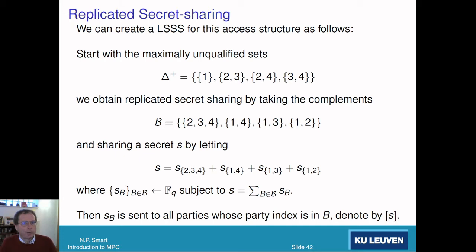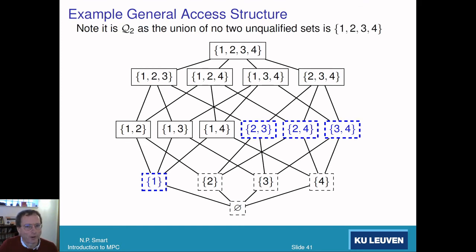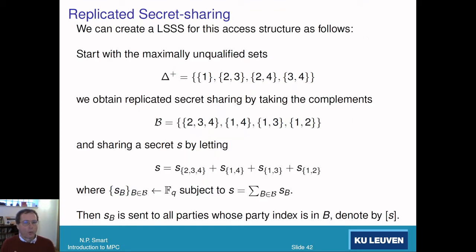We first start with the set of maximally unqualified sets, which were those 4 sets there. Remember, those were the sets in blue on this slide. Now we take the complement of those sets.